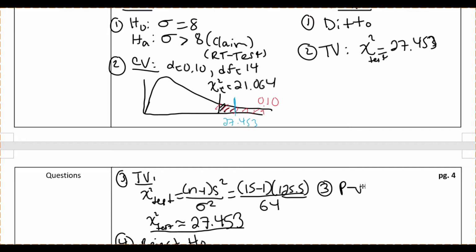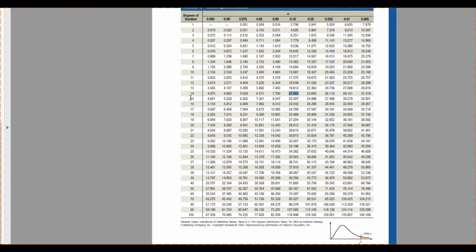So if we do our p-value, what we're going to do is look up the test value of 27.453. We're going to get as close to that test value as possible with a degree of freedom of 14. And then since we're doing a right tail test, we don't need to make any adjustments whatsoever.